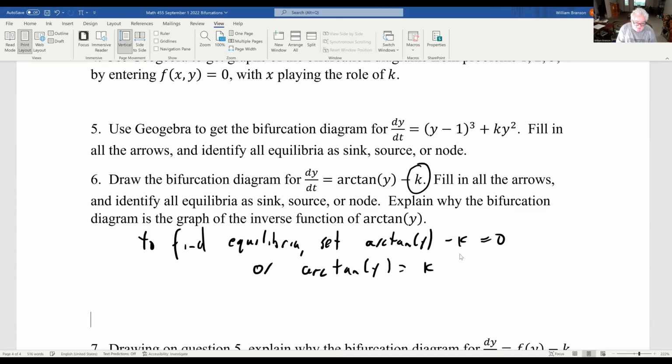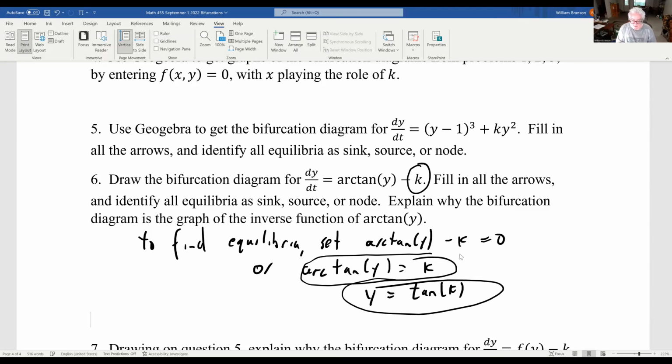And if you take the tangent of both sides, you get y equals tangent of k. So this equation is the inverse of that equation, right? So our bifurcation diagram is this. That's because k equals arctangent of y is that. And so they are reflections of each other along the line y equals x.